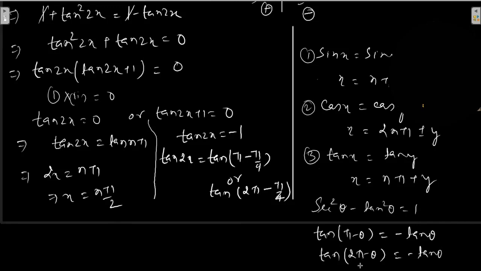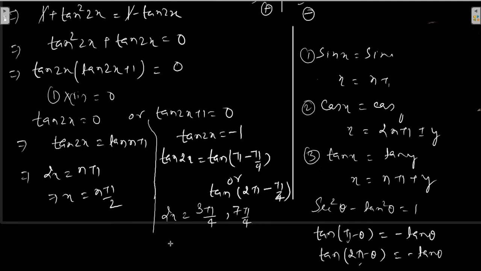So this is gonna be my even multiple of pi, so tan will remain tan, and since pi minus theta is falling in second quadrant, it will become negative, and this will become negative because it is falling in fourth quadrant. So right, what we have got here is 2x equals to pi minus pi by 4 is 3 pi by 4, and then this is 2 pi minus pi by 4, 7 pi by 4, right?